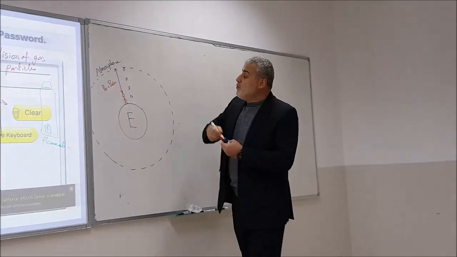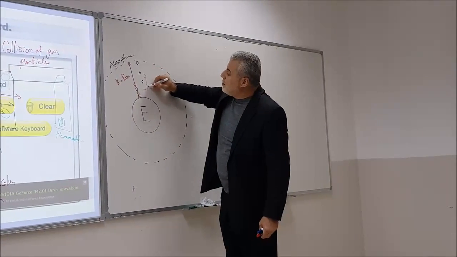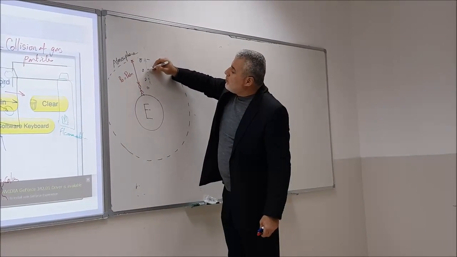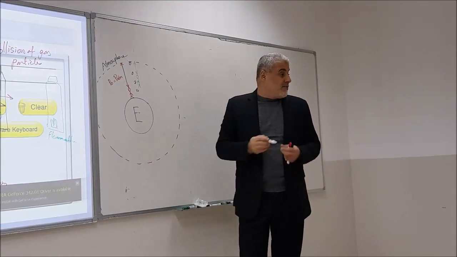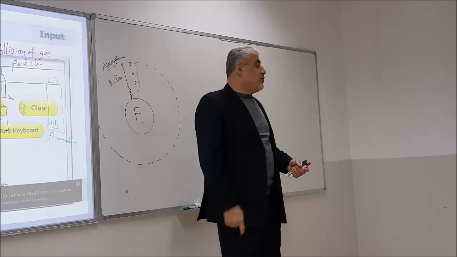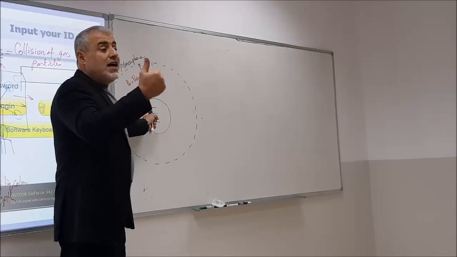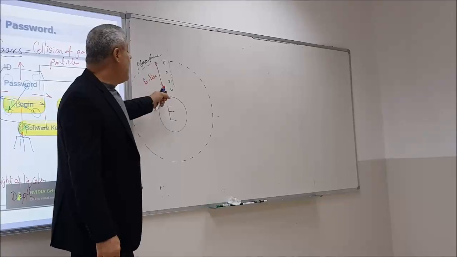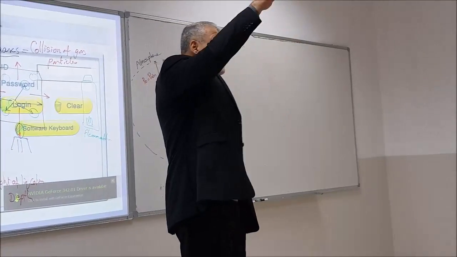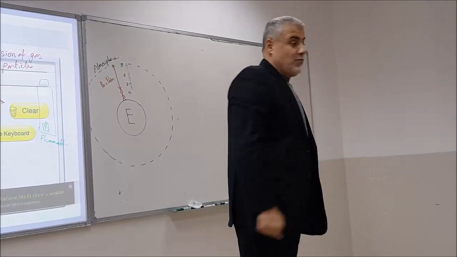This is natural. If we move up from here to here, the air column will be shorter or smaller than this one, and vice versa. So the atmospheric pressure is something natural due to the air inside the atmosphere, and it decreases upward and increases downward.